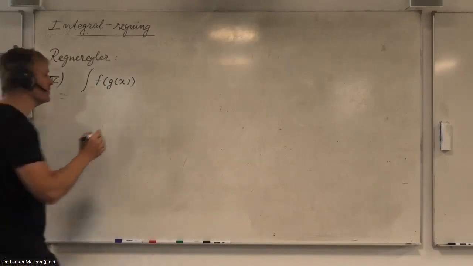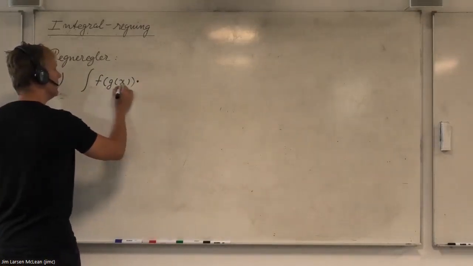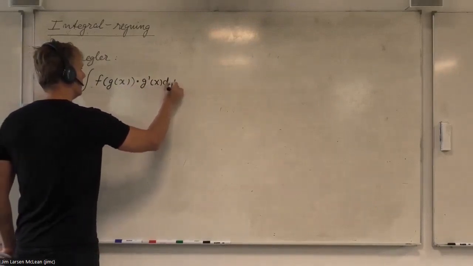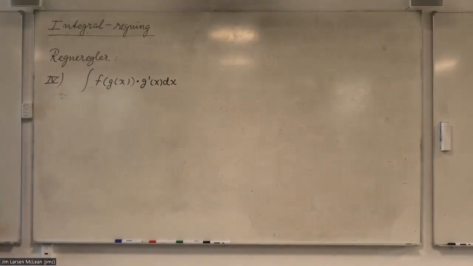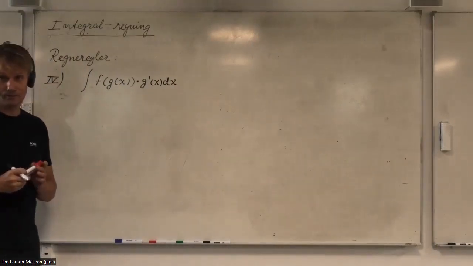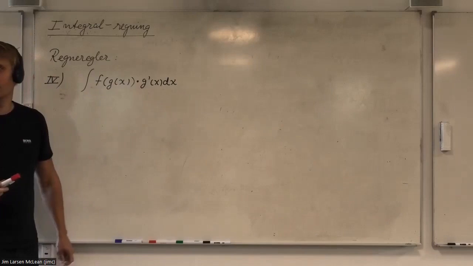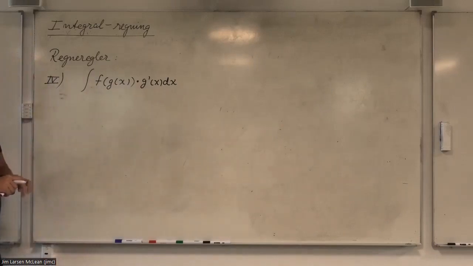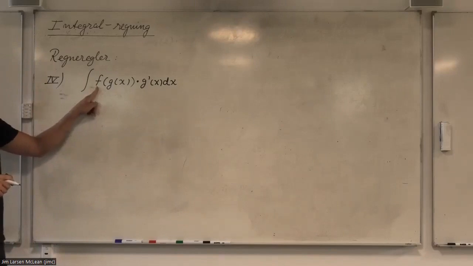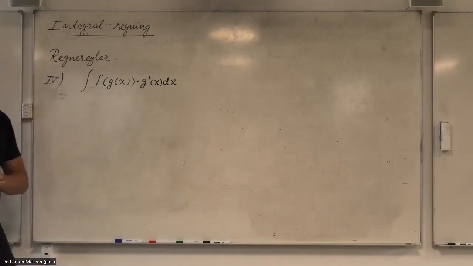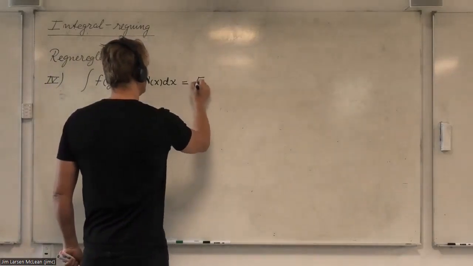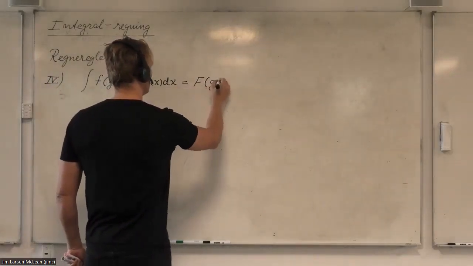And if you're so lucky that it also multiplies by g prime, the derivative of the inner function, then the integral is usually quite simple. The only thing you really need to do is find an antiderivative of f and let it act on g untouched.